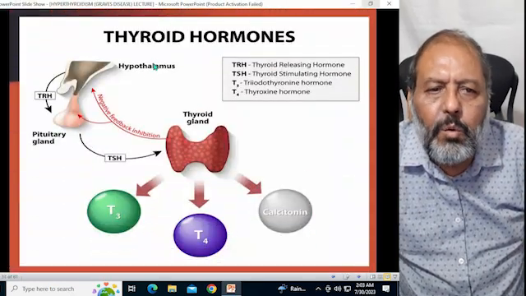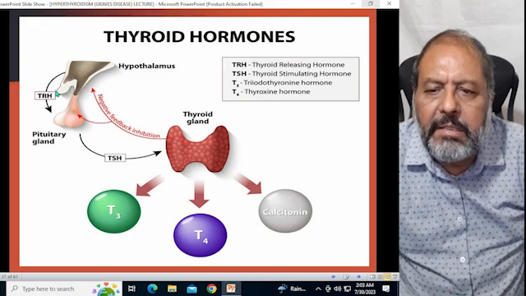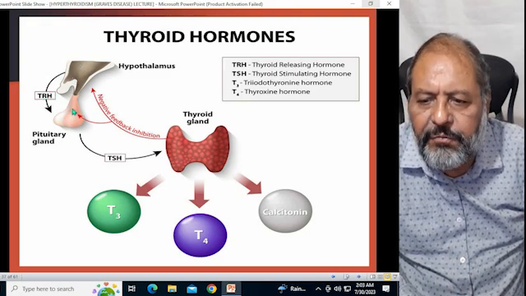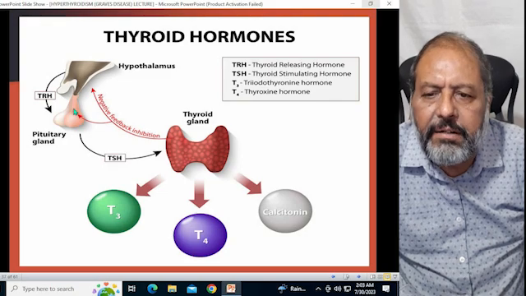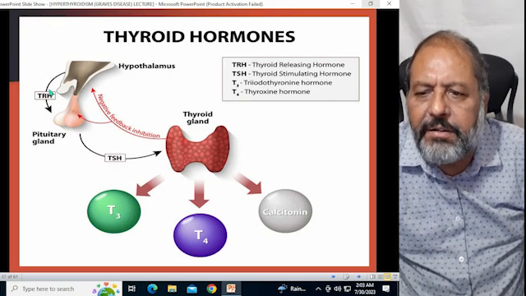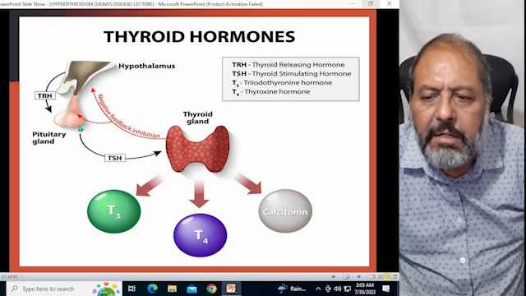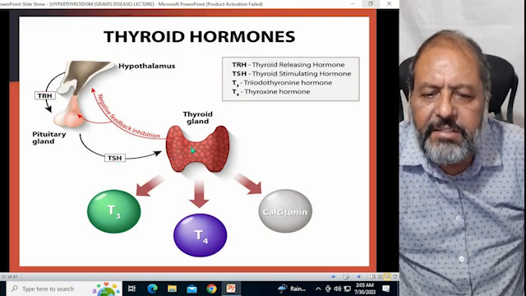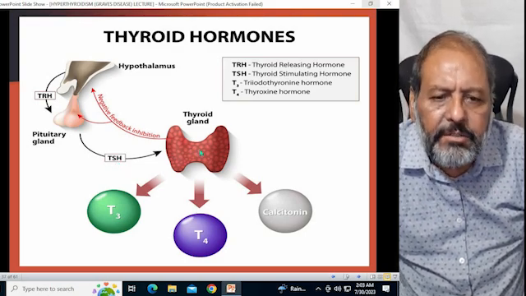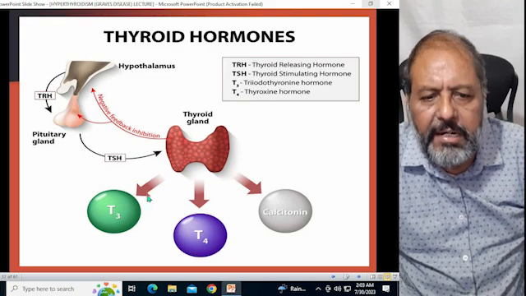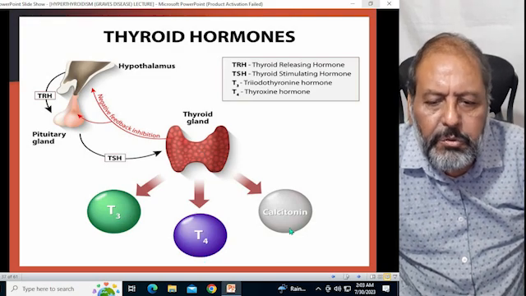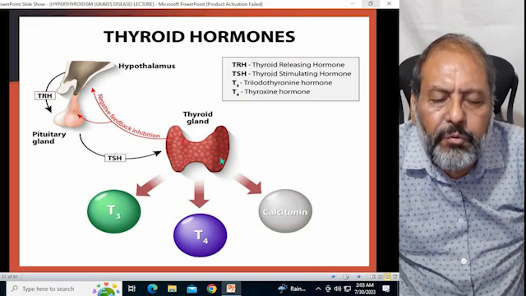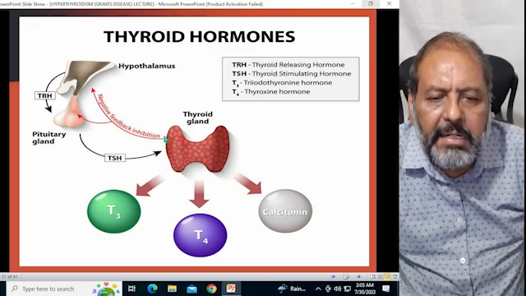Now, here one can see the mechanism. The hypothalamus releases TRH, affecting the pituitary gland, and the pituitary gland in return, from the TRH effect, releases the TSH. This TSH affects the thyroid gland directly to produce T3, T4, and calcitonin from the parathyroid gland.